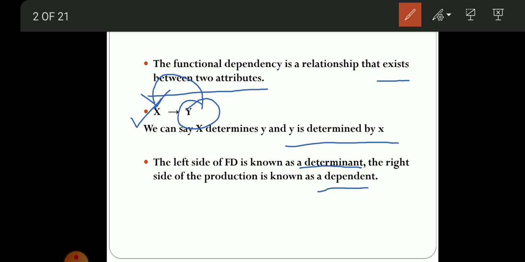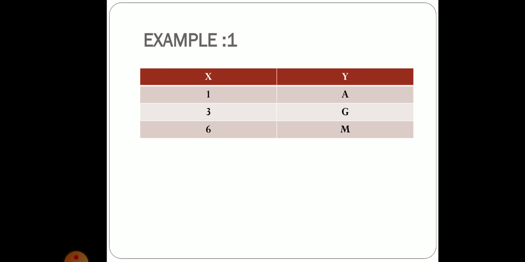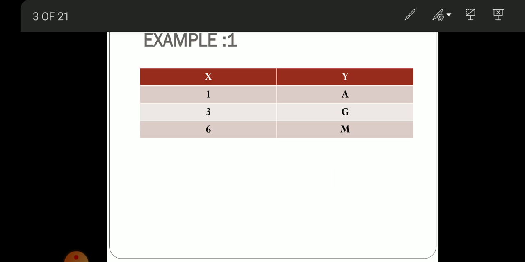Now let's take another example. In this example we have taken two attributes like the previous one. So if we talk about X to Y, does X to Y exist or not? Means, can we determine Y with the help of X or not?